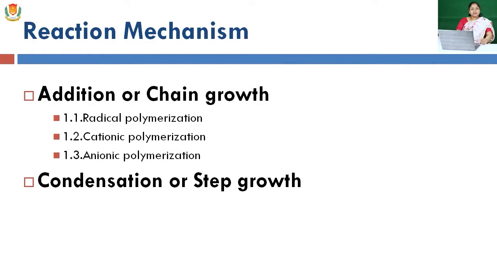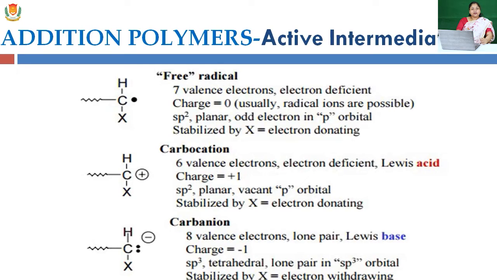Basically, polymerization is divided into two categories. Number one, addition polymers or chain growth polymers, and number two, condensation or step growth polymers, which we had already discussed earlier. Now, addition or chain growth polymers are divided into three categories. Number one, radical polymerization, meaning free radical polymerization.